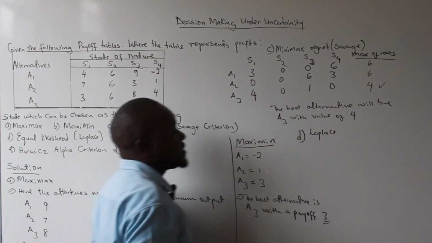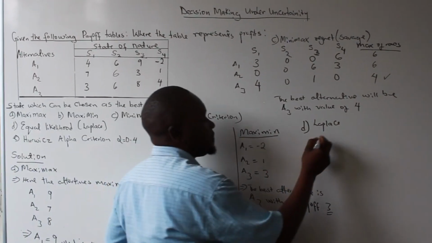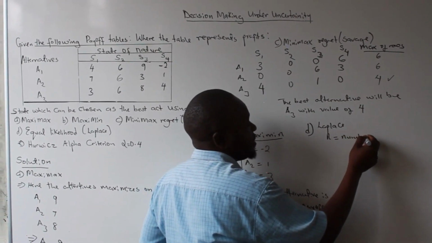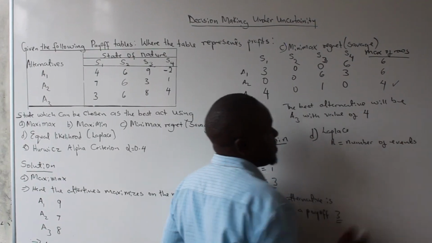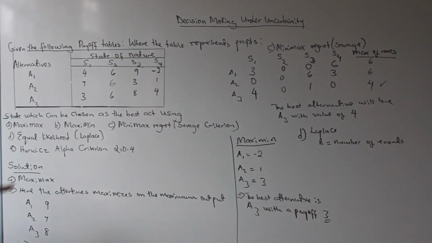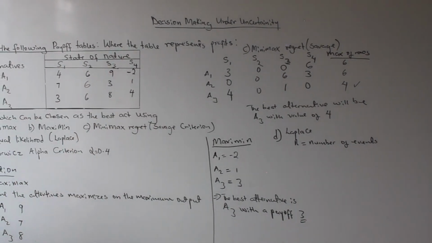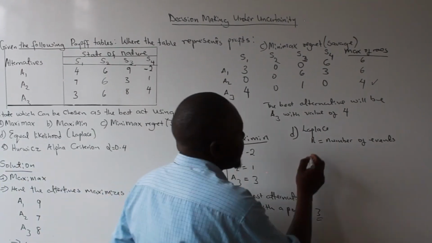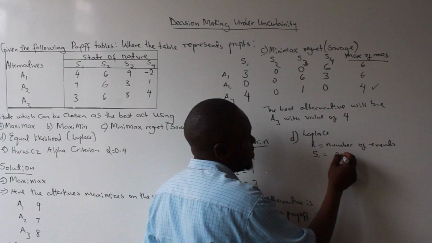N is the number of events, and in our case we have S1, S2, S3 and S4, which we'll call the payoffs.